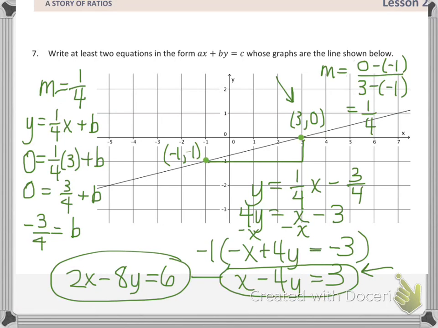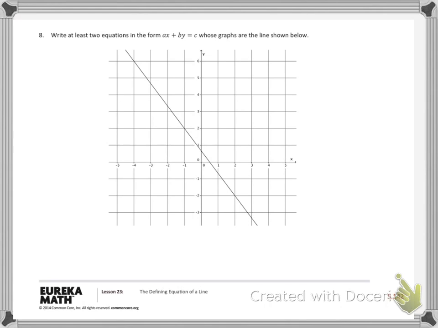Okay, so let's look at 8. Write at least 2 equations in the form ax plus by equals c, whose graphs are the lines shown. Okay, so once again we want to find some nice points for finding slope, and I find a couple right there. This is a negative slope, right? So I know this slope is going to be negative, so I'm just going to write it right off the bat so I don't forget.